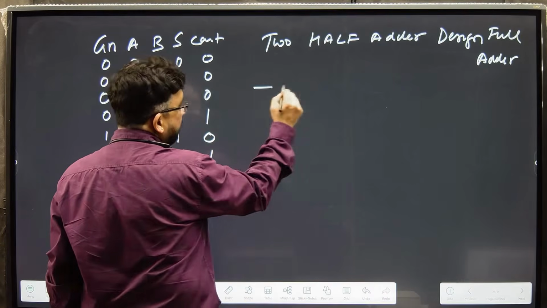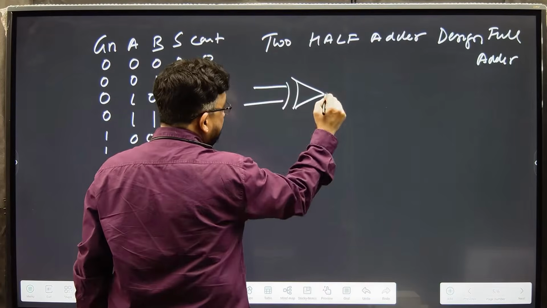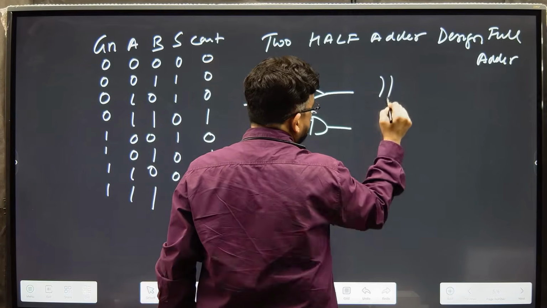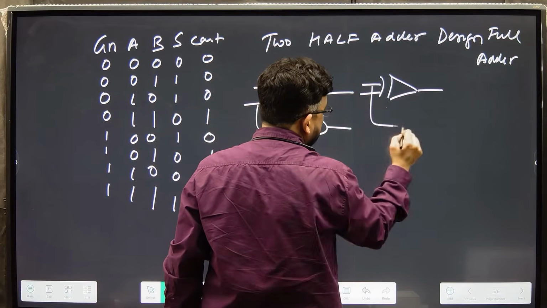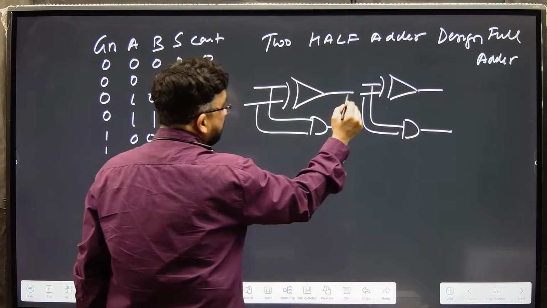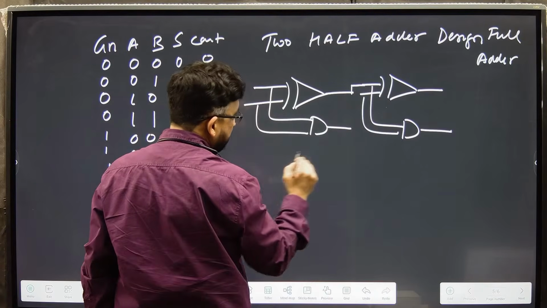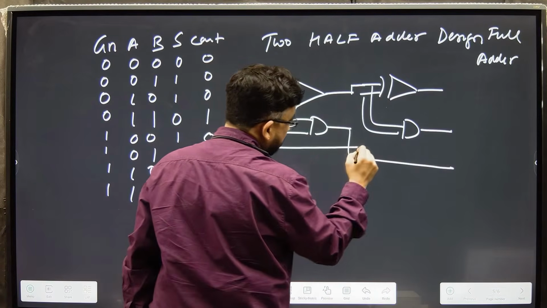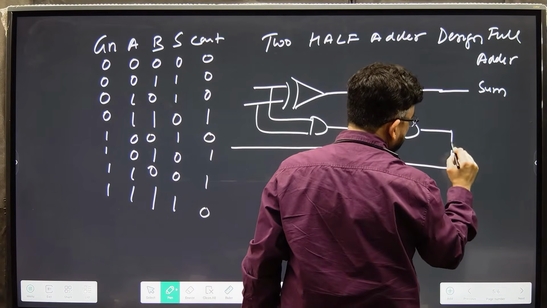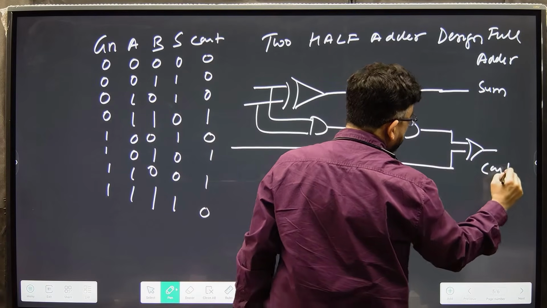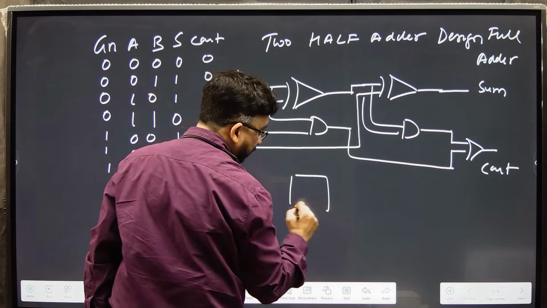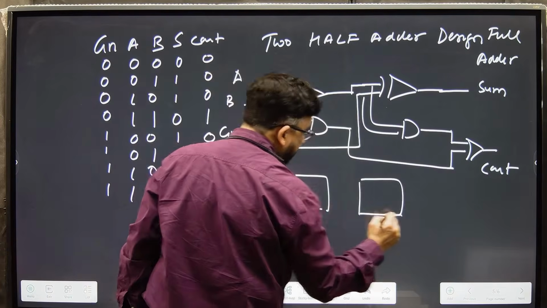Generally, the solution is given here. This is the solution. Sum, A, B, C in, in terms of block level.